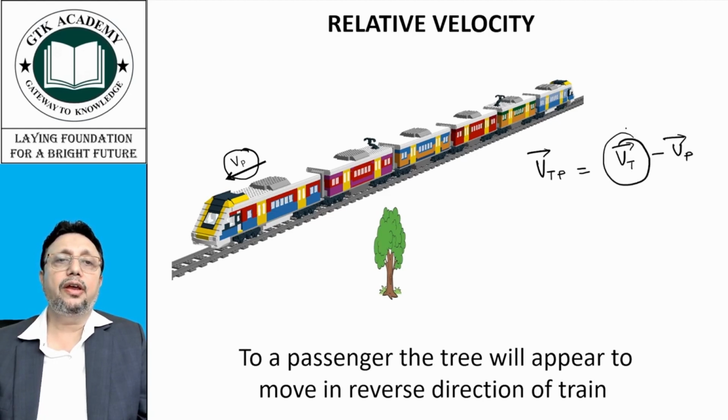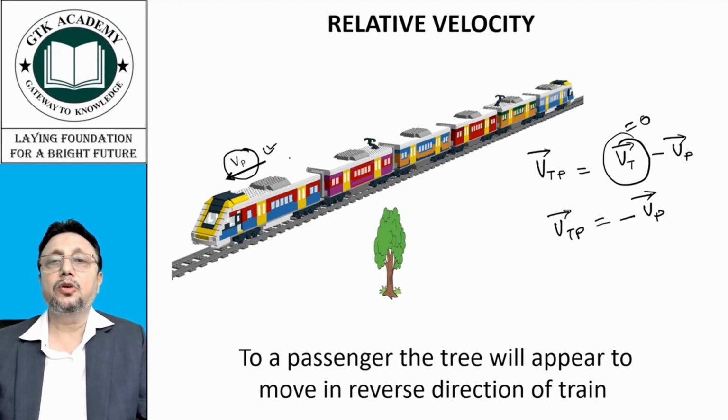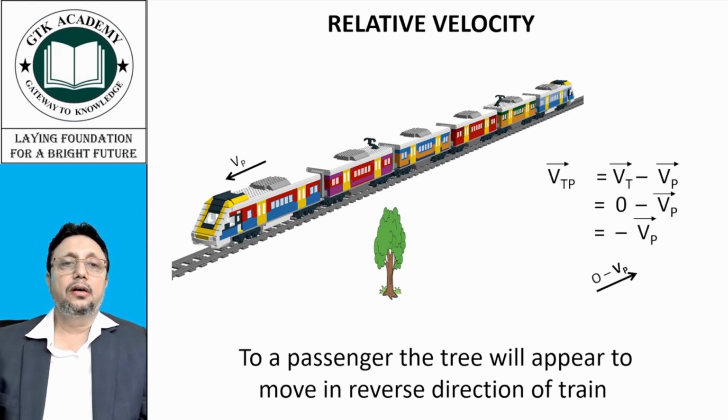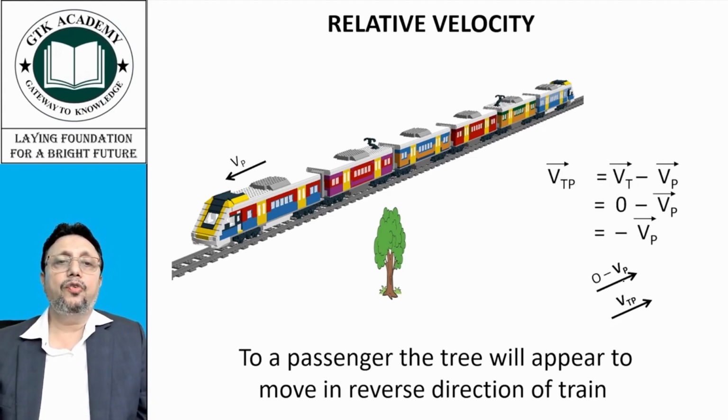Now velocity of tree is 0, so Vtp is minus Vp, means the tree will appear to move with the same velocity with which the person is moving, but in the opposite direction. Because the person is moving in this direction, the tree will appear to move in this direction, right? So this is how we got VTP vectorially.